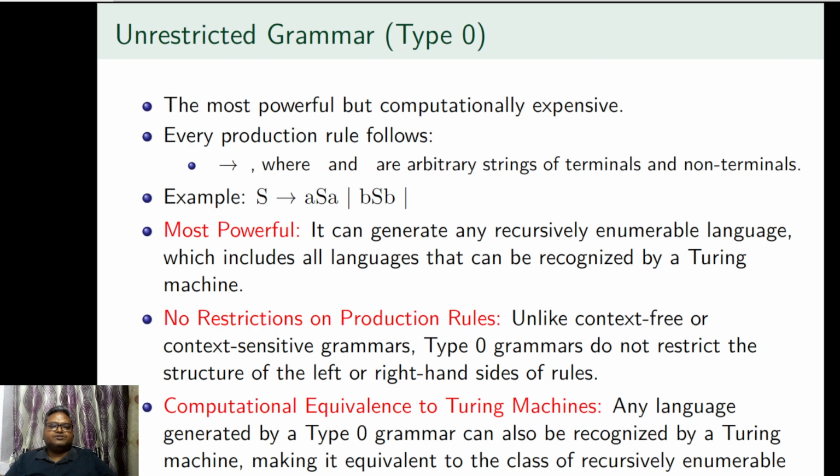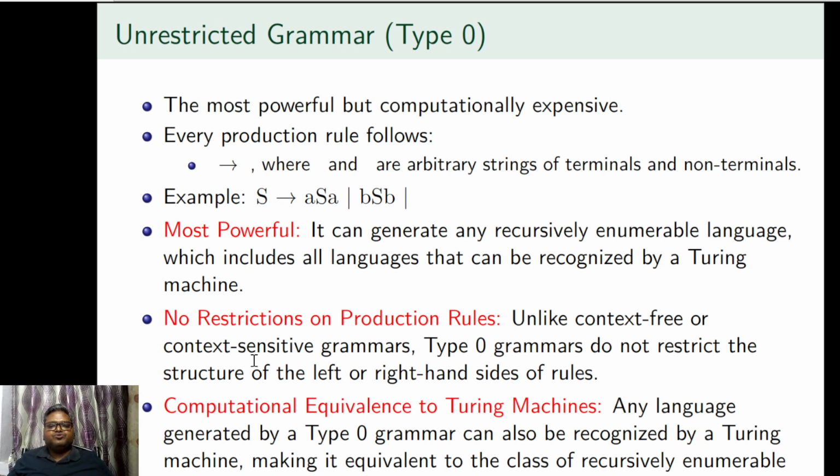Now, coming to the unrestricted grammar, you can have any number of terminals or non-terminals on either side, the left-hand side or the right-hand side. There are no restrictions on production rules. That means in the left-hand side you can have any number of terminals, and the right-hand side you can have any number of terminals.